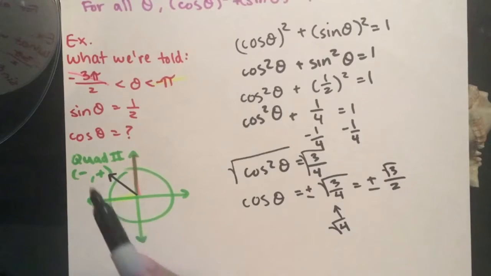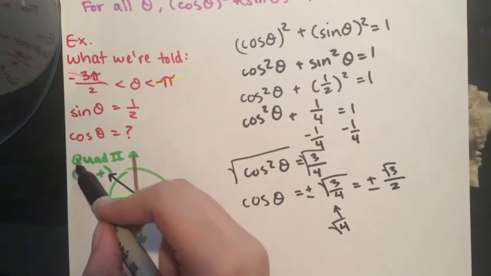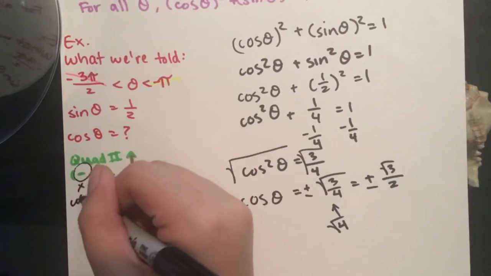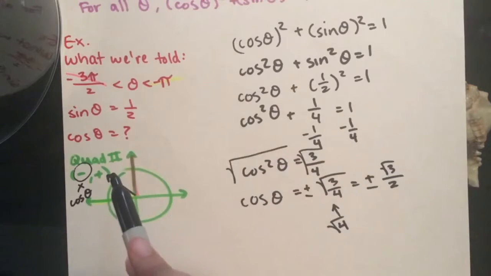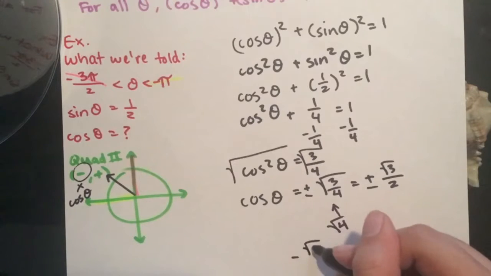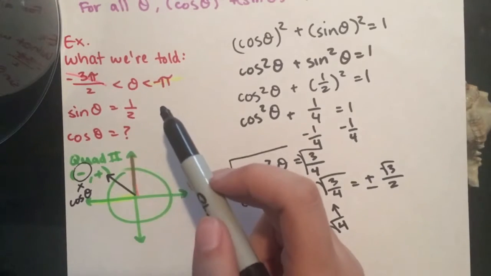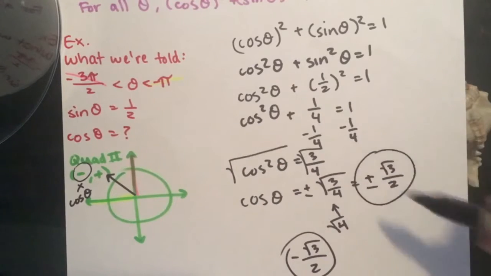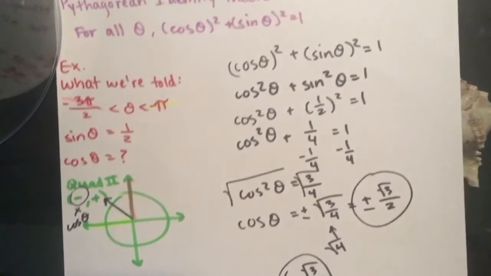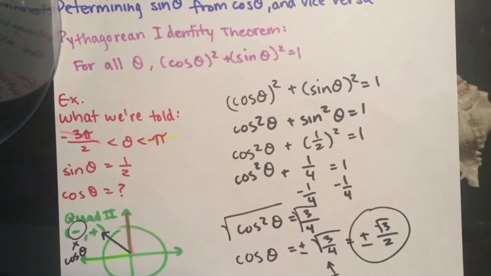And since we're trying to find cosine theta, which is our x value, and it is in quadrant 2, we know that should be negative. So our answer would be negative square root of 3 over 2. But if we weren't given this information, we would just keep it as positive or negative square root of 3 over 2. And that is how you use the Pythagorean identity theorem.